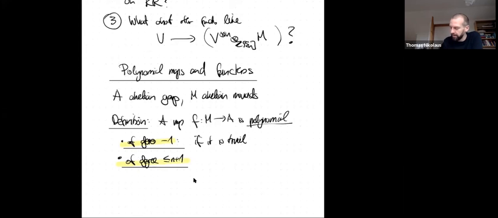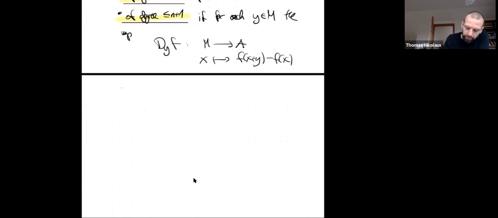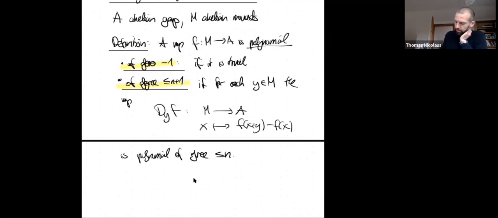Polynomial of degree less than or equal to n plus 1 if for each y in M, the map d_y f, which goes from M to A and which sends x to f(x plus y) minus f(x), is polynomial of degree less than or equal to n.